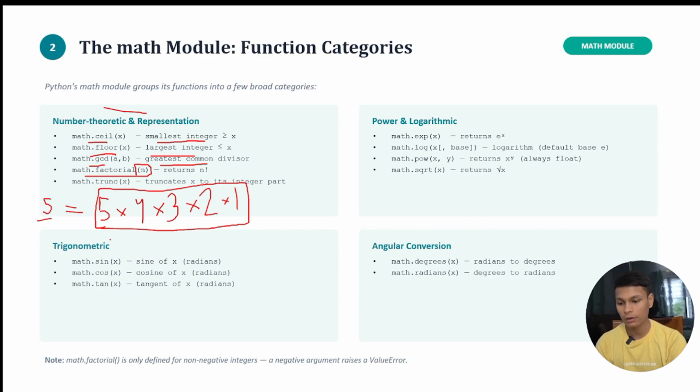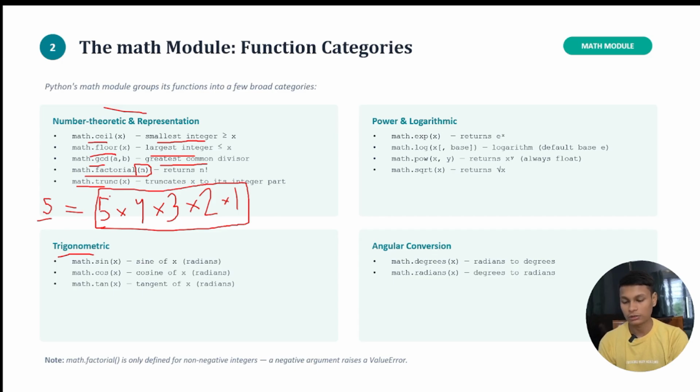Now we also have some trigonometric functions. But first, another one is math.trunc, which helps to truncate. What truncate is, I will discuss in data types and some operations on lists.